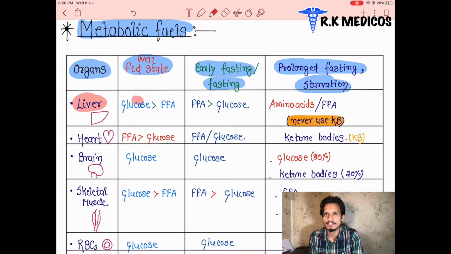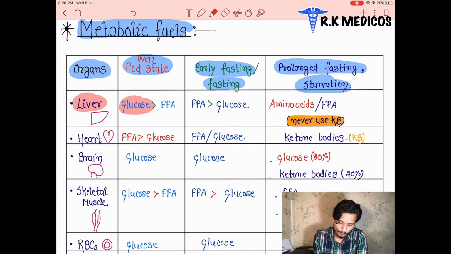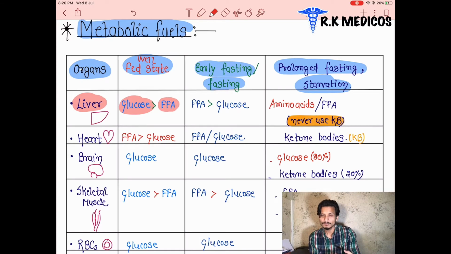Glucose and free fatty acids are both utilized, but the most important source of energy for the liver is glucose, as it is for every organ in the normal, well-fed state.